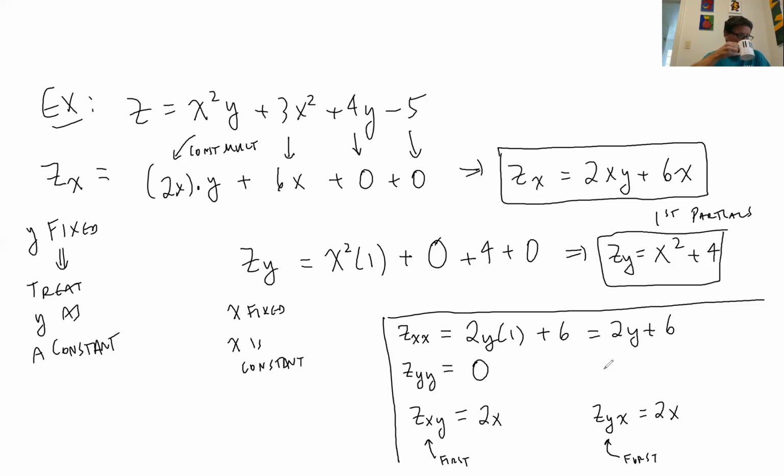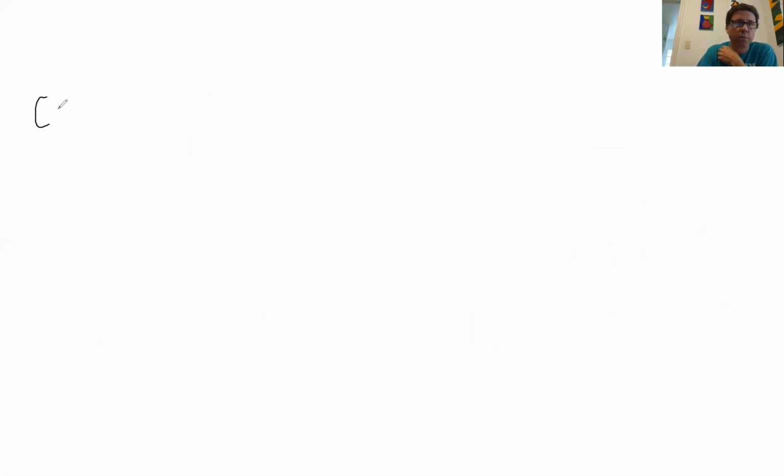So we got that. So let's just try more of those. Z equals the sine of 5x squared plus 2y cubed.